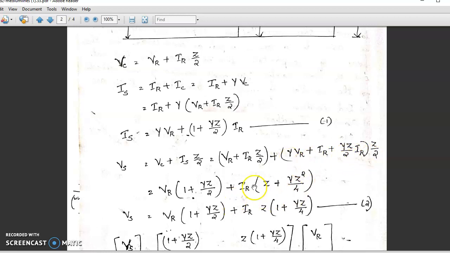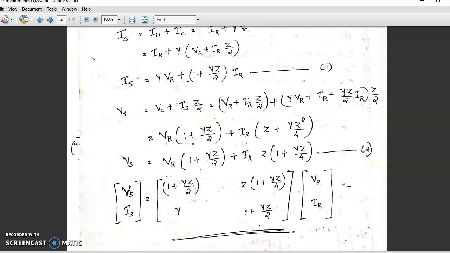So we have to rearrange this such that we get a term with VR and a term with IR. So we'll be getting Vs is equal to VR into 1 plus YZ by 2 plus IR into Z into 1 plus YZ by 4. Then our next step is to represent it in the form of a matrix like this.